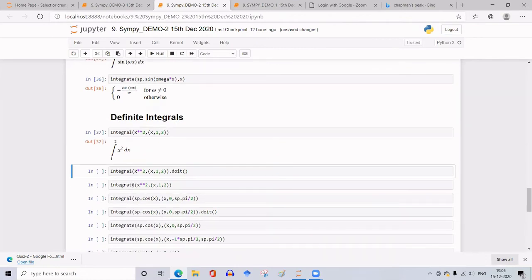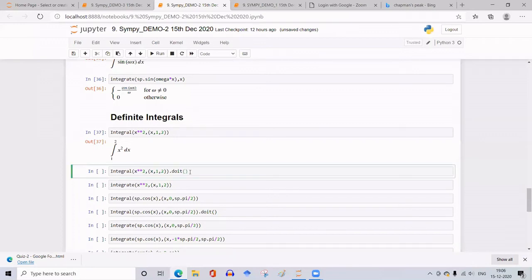Okay, so if I evaluate this, what is integral x square dx? X cube by 3, and substitute lower and upper limits. It will be 8 by 3 minus 1 by 3.